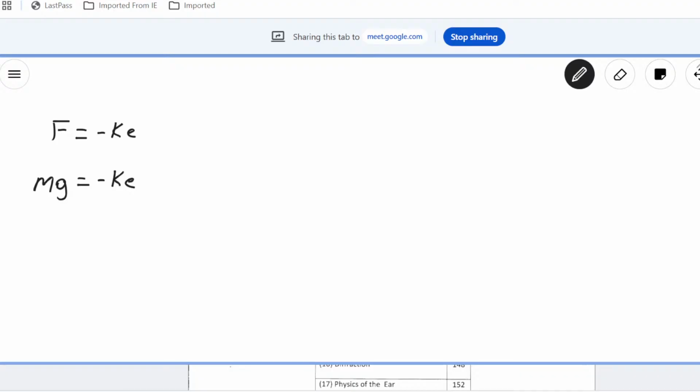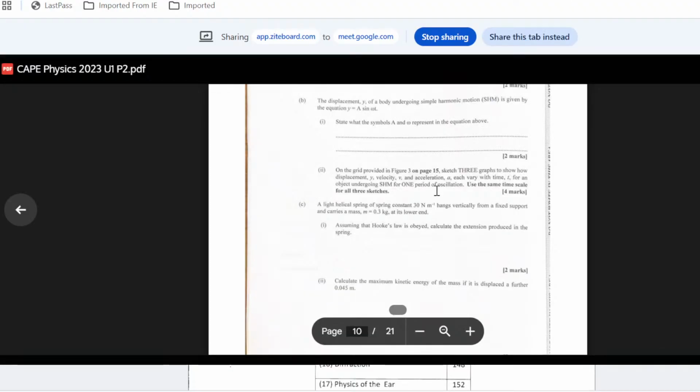But most of the times it doesn't give gravity, because they just expect us to know it. I promise you, they give it. I have not seen that. I've seen it on CSEC, but I have not seen it on a CAPE paper. I think they just expect you to know it.